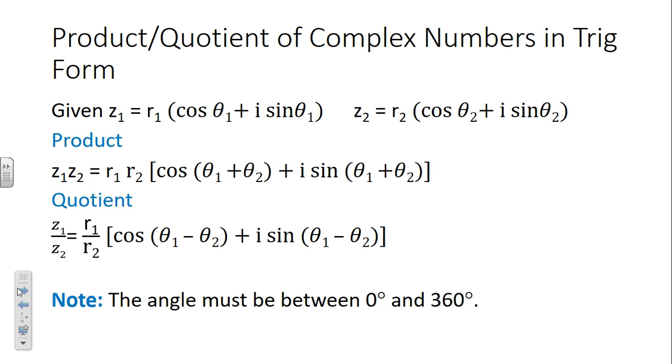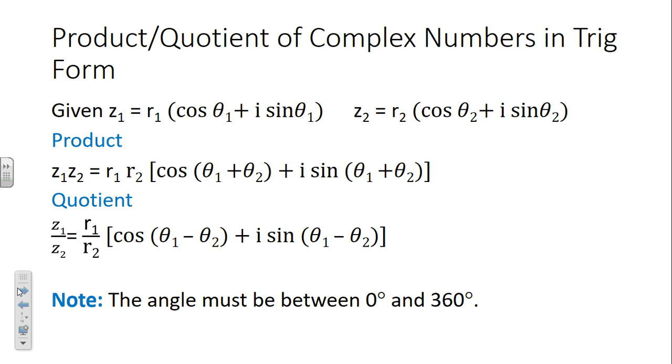Multiply the r's, add the thetas. If you want to divide two complex numbers in trigonometric form, you divide the r's and you subtract the thetas. And your angle has to be between 0 and 360, one revolution. Anything beyond that, you've got to move it back.